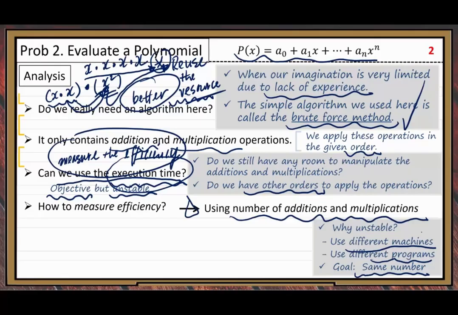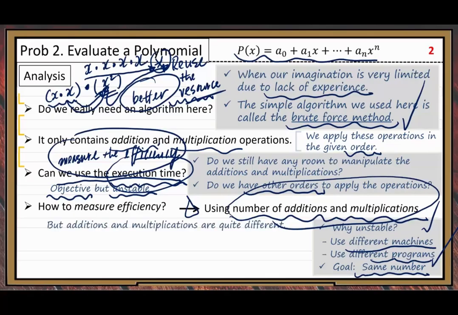Fast machine, slower machine, same counting number. Fast implementation, slower implementation, same counting number. So that's the next step. We will use these two counting numbers.